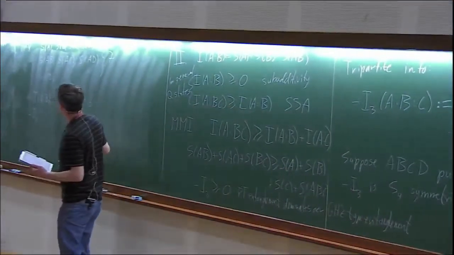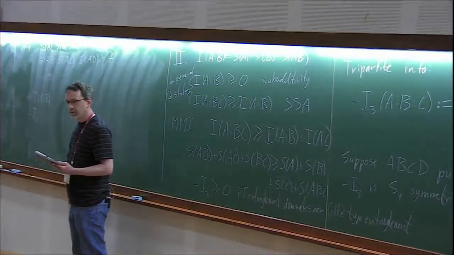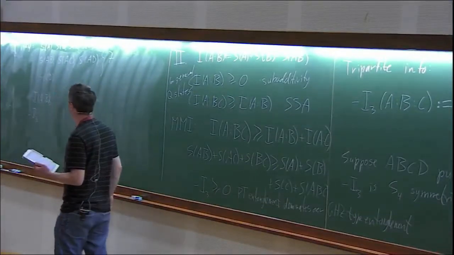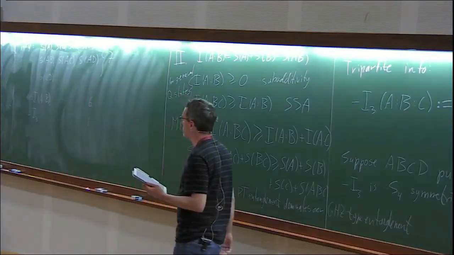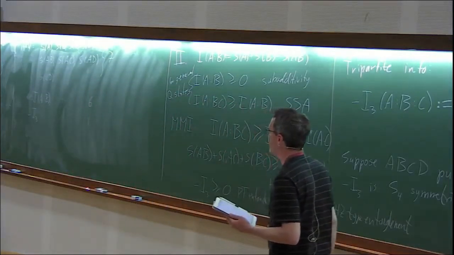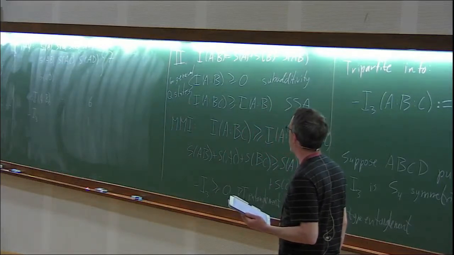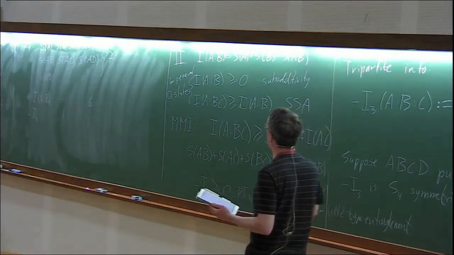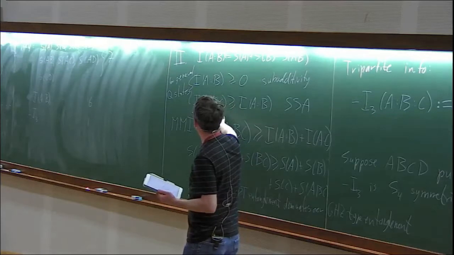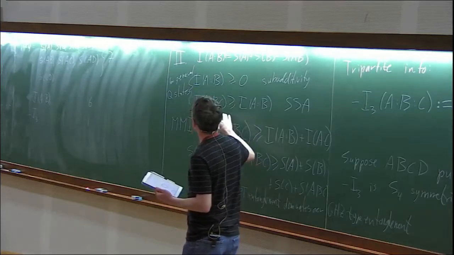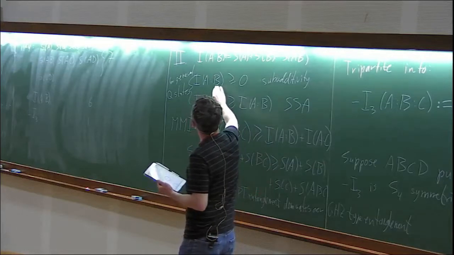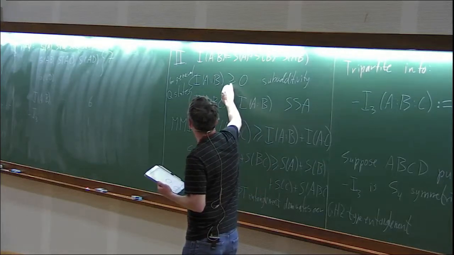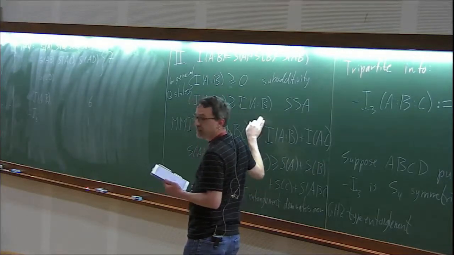Sorry, so this last statement was for the holographic cone. Yes, in that case minus I3 is always positive. The only one that's left to check is this, but it's very straightforward algebra that subadditivity plus MMI implies strong subadditivity.